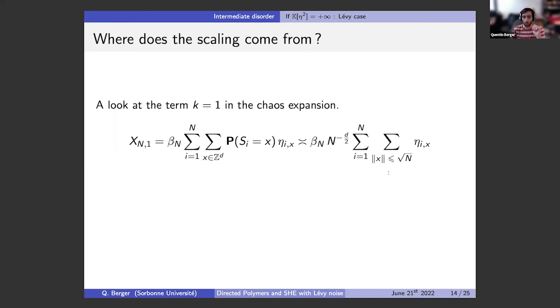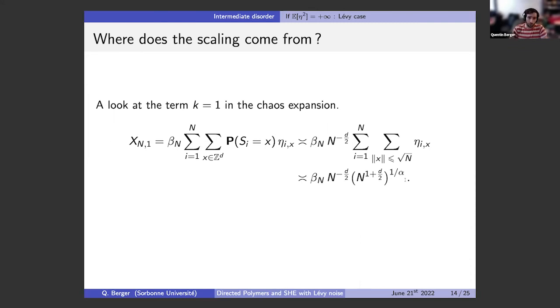So there are n times n to the d/2. That's the number of variables that you're looking at, and the order of the maximum of that many IID random variables with tail alpha is the number to the power 1/alpha. That's a standard probability calculation, a nice exercise.